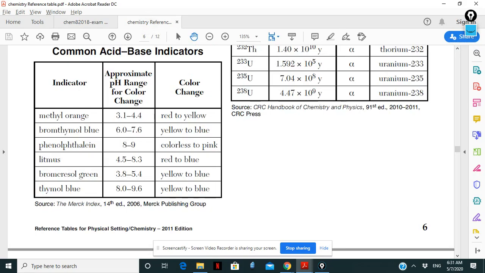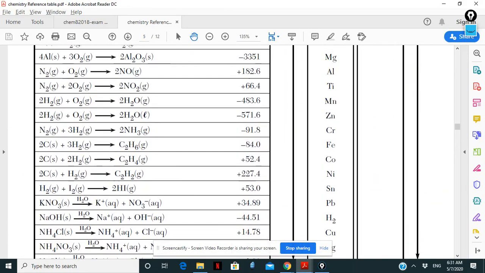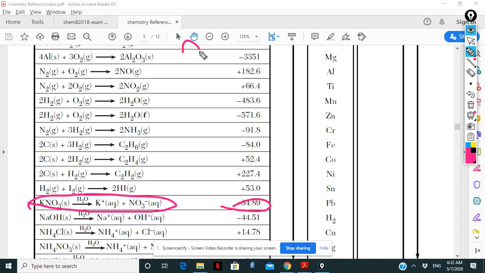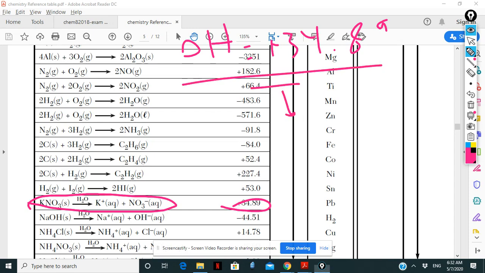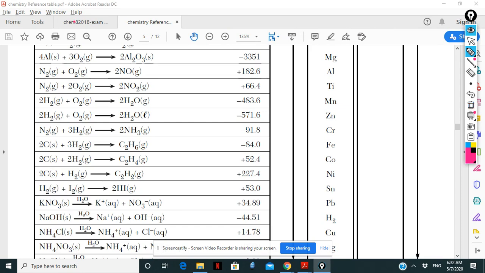So I go to table I. Here is table I, potassium nitrate, and here the delta H is positive 34.89, which means this reaction is endothermic, meaning it needs energy. That's why it's going to absorb the heat from the surrounding media, and that's going to make a drop in the temperature.